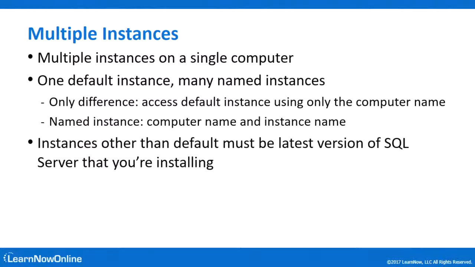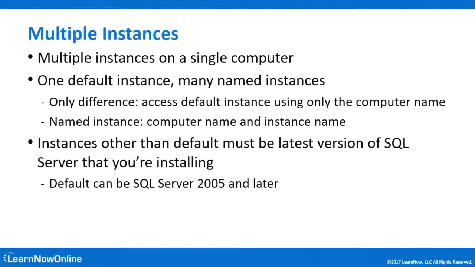Now, instances other than the default instance have to be the latest version of SQL Server that you'll install on the machine. But the default instance can be SQL Server 2005 and later. So there are a few ways that you can configure a single computer.